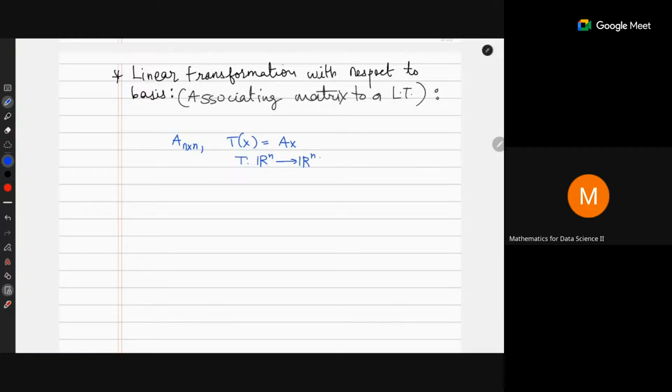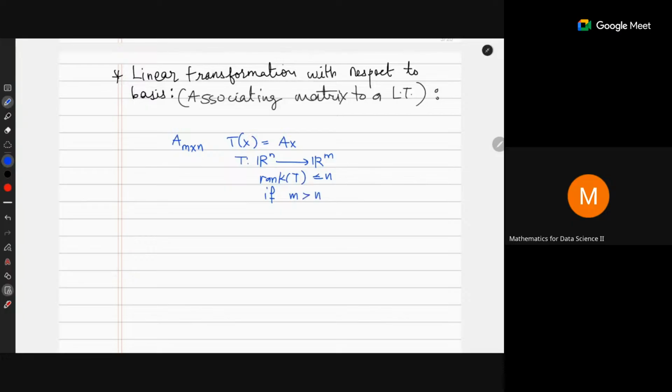And you are saying that because it is full rank, so what is the rank? If it is m by n, then T should be from Rn to Rm. So if it is full rank, the maximum rank would be n. And if m is larger than n, then it could never be surjective.